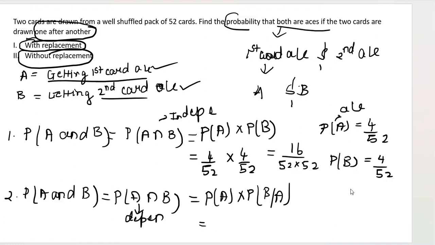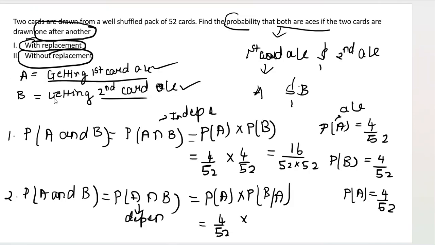Now P of A is the probability of getting the first card ace, which is nothing but 4 upon 52, and we want the probability of B by A. B is the second card ace, second ace.